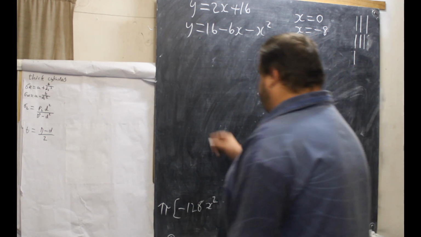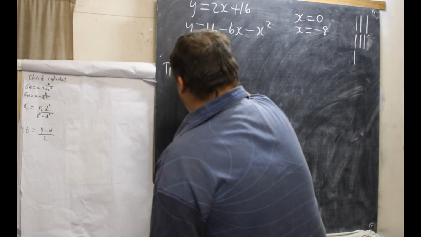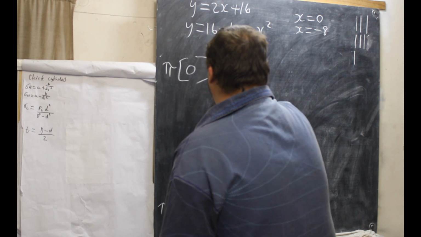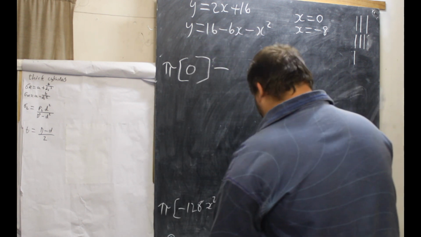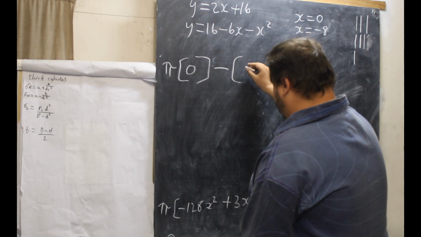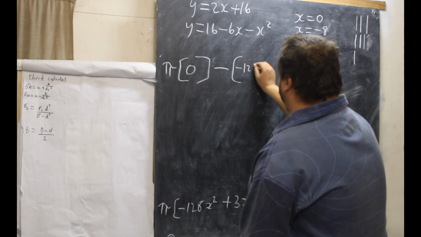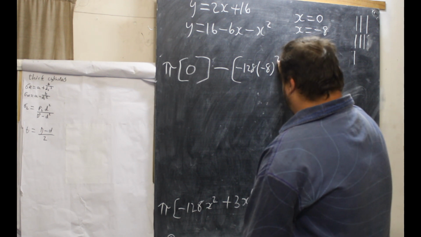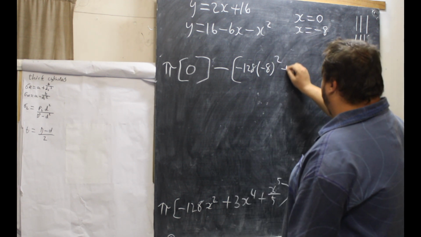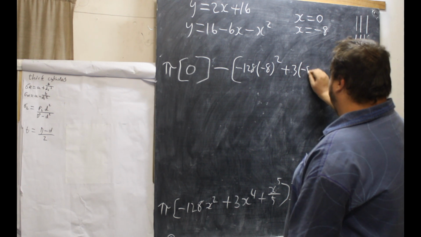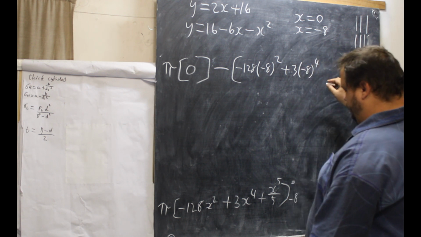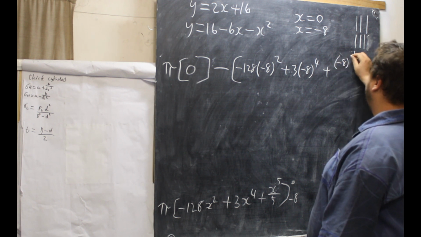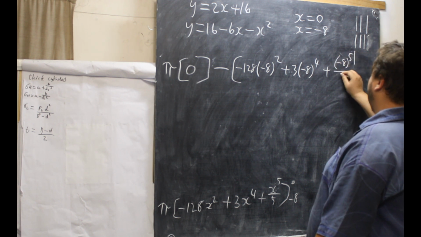This part will be 0. Zero minus. Now, this is where we've got to pay attention. Minus 128 times negative 8 squared plus 3 times negative 8 to the power 4 plus negative 8 to the 5th power over 5.